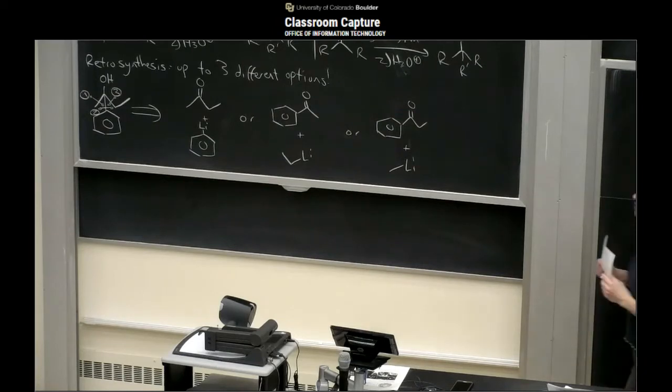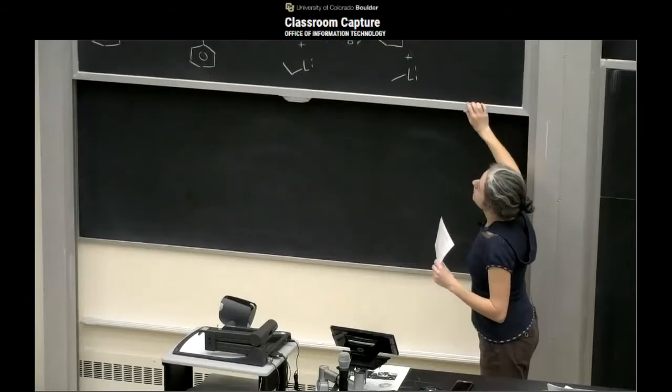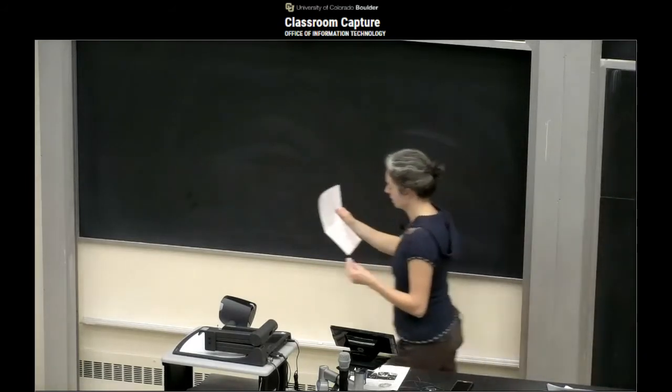All right, cool. So I mentioned that we did use these organometallics in the past for attacking epoxides. Let's take a look at the difference between this reaction and stuff with epoxides and see how the retrosynthesis looks different between them and how you can tell which one you want to use.